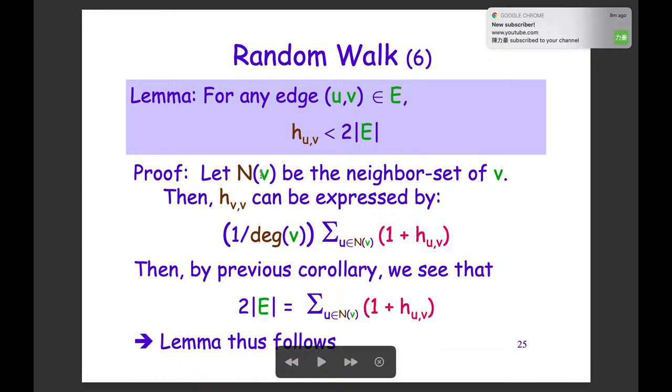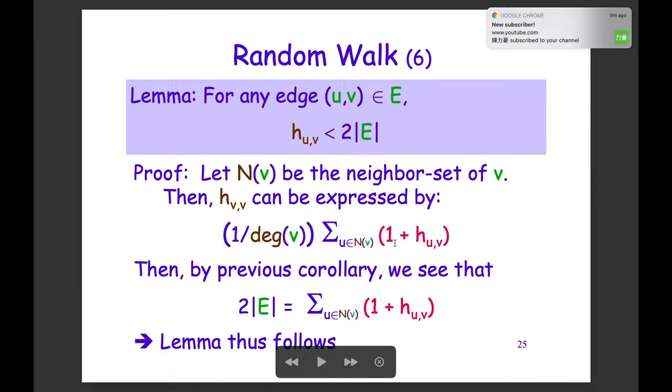We let N_v be the neighbor set of v, and then H_vv itself can be expressed as follows. In order to find the expected number of steps to start from v and go back to v itself, there is an equal chance that we will visit any of the neighbors in the next step. If we visit a certain neighbor u in the next step, then the expected number of steps to go from u back to v is H_uv.